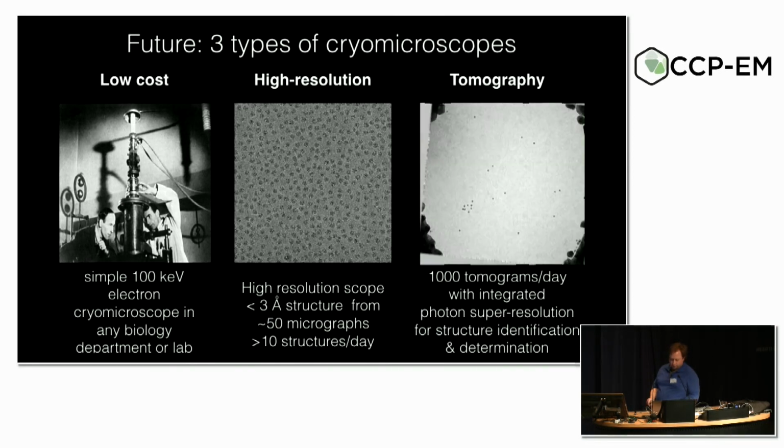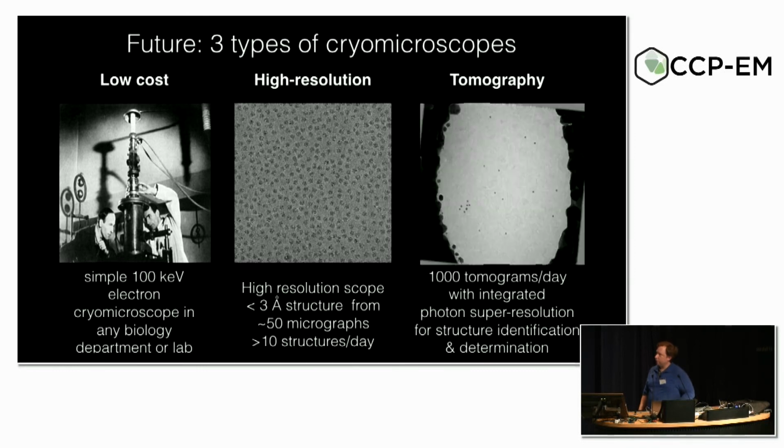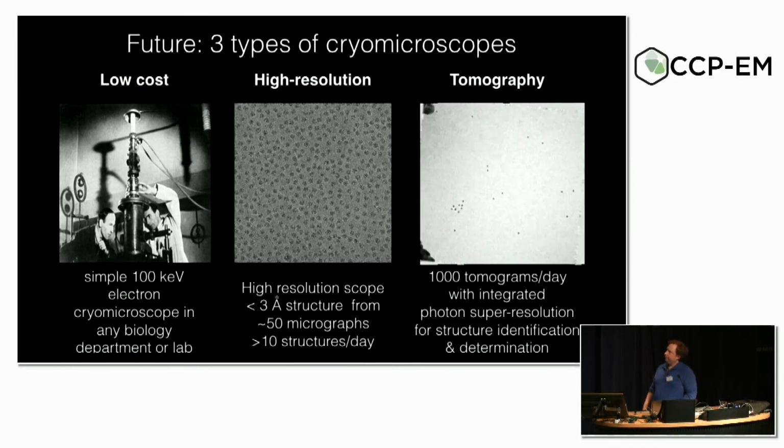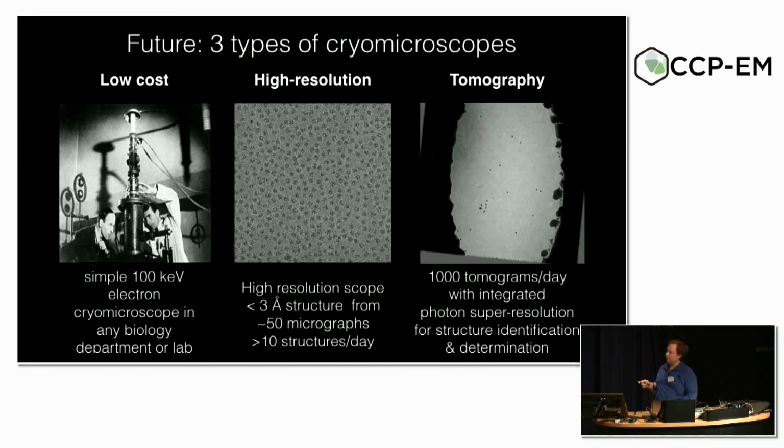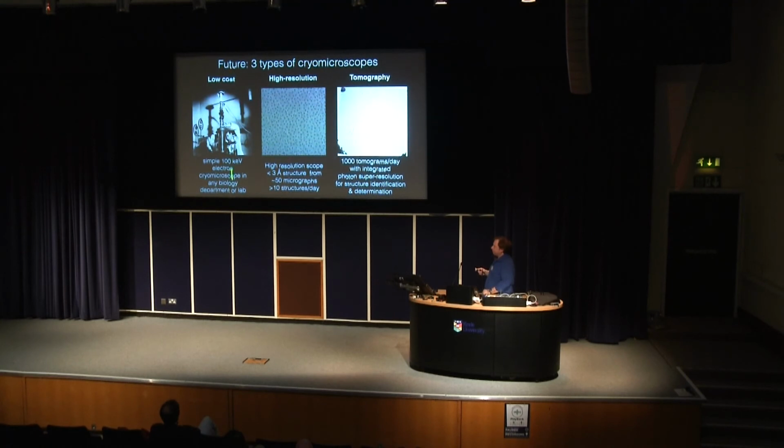So if you'll indulge me in one last slide, this is sort of what we think the future of cryo-EM might hold in a few years. We're hoping that there's going to be a low-cost instrument that's roughly 100 kV in energy that could be in any biology department or lab.